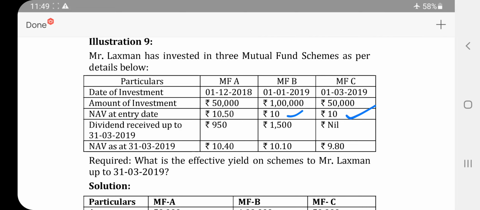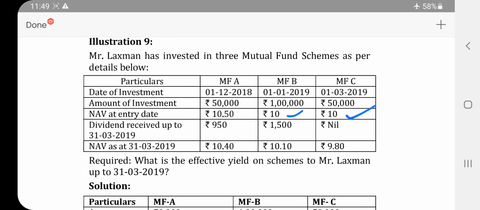And the dividend received up to 31st 3 2019 by Mr. Lakshman: rupees 950 for mutual fund A, 1500 for mutual fund B, and rupees nil for mutual fund C. And on 31st 3 2019, NAV was rupees 10.40, 10.10, 9.80 for mutual fund A, B, C respectively.